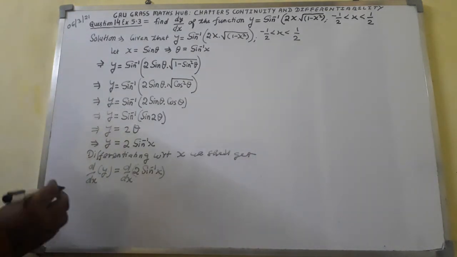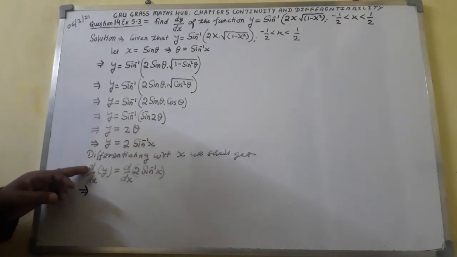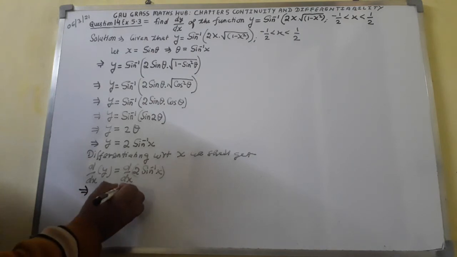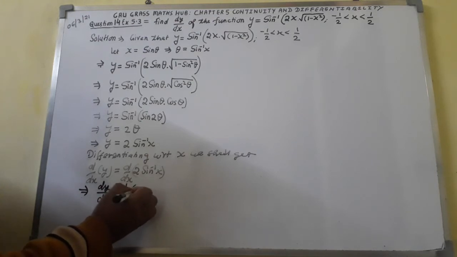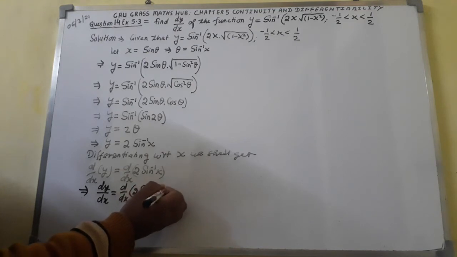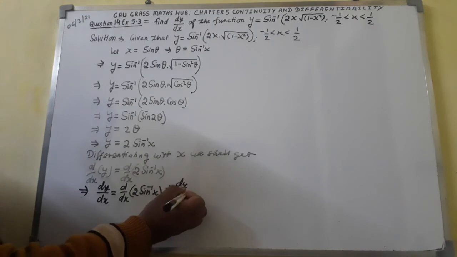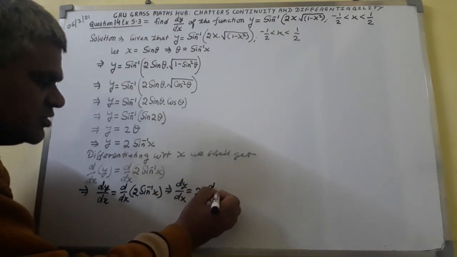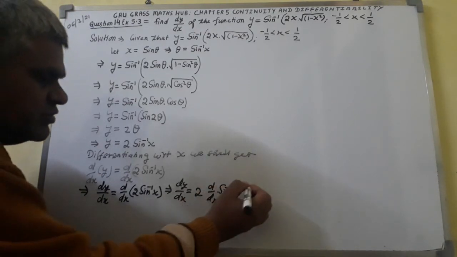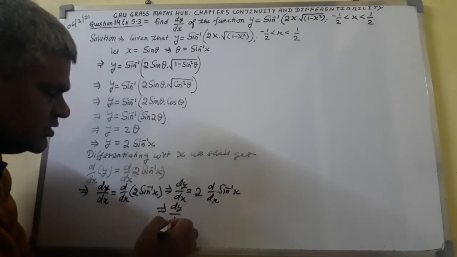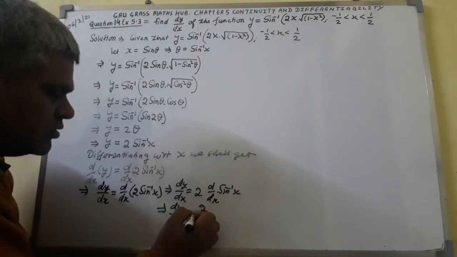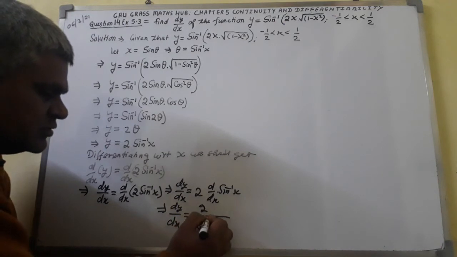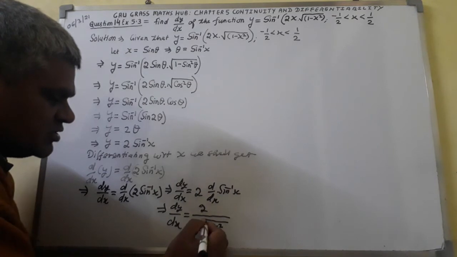This implies dy over dx is equal to 2 times d over dx of sine inverse x, which comes out to be 2 times 1 over under root 1 minus x square.